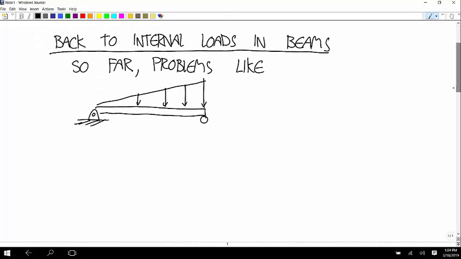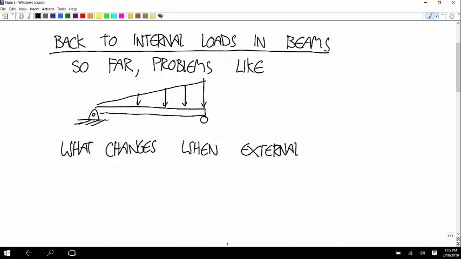But what do we do, so what changes when the external loads don't follow a single function over the length of the beam?